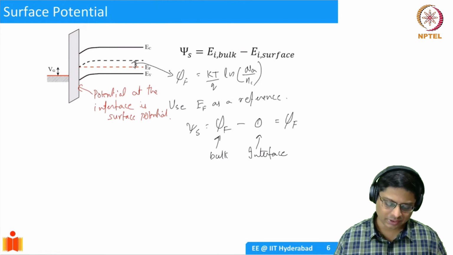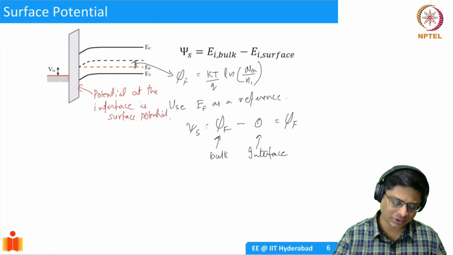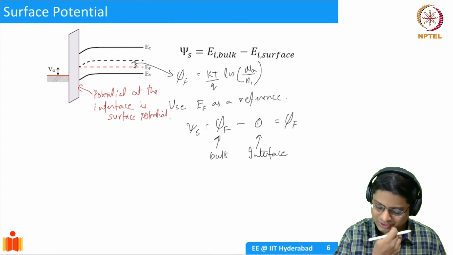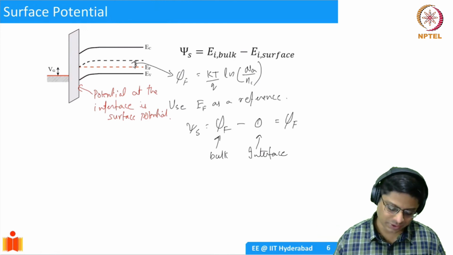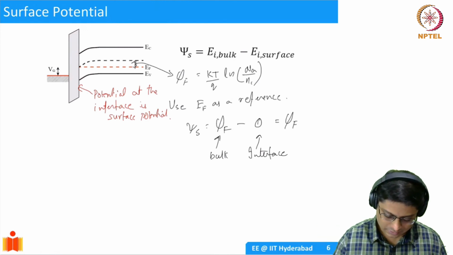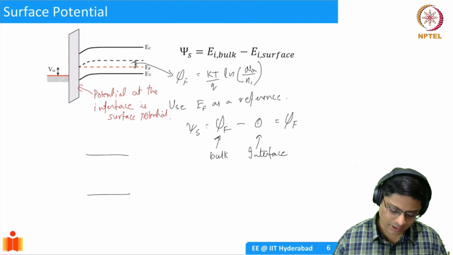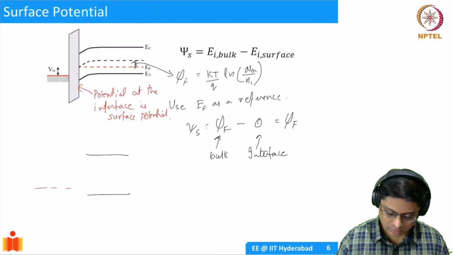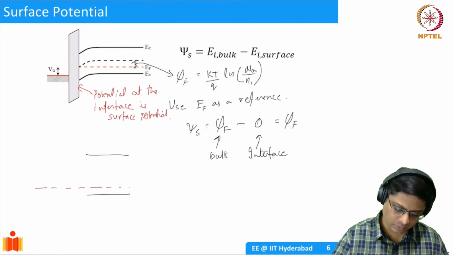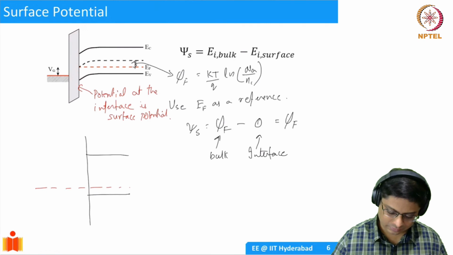All right. So let's try to analyze. We have seen the initial case, right, at no applied gate voltage, VG equal to 0, wherein the bands were all flat.